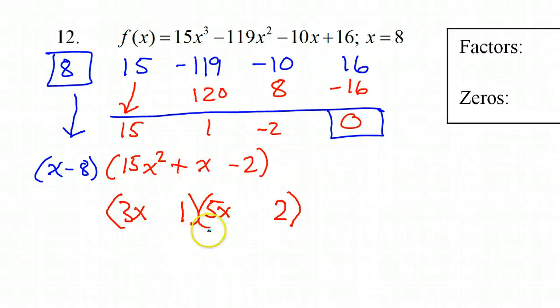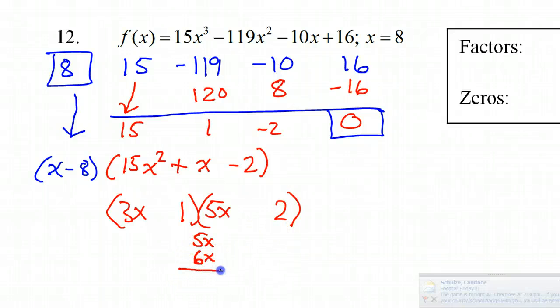And the way we check it is we look at the inner and the outer, and we make sure it matches the middle. So inner, right now I have 5x. Outer, I have 6x. Alright, I'm trying to get 1x. A positive 1x is what I have here in the middle. The only way I can get a positive 1x out of this is if I have a negative 5 and a positive 6.